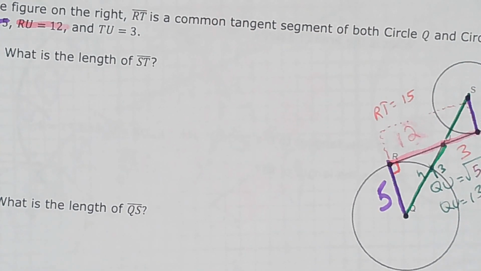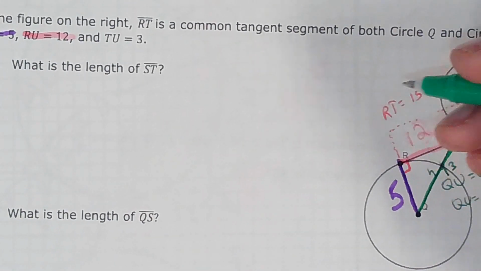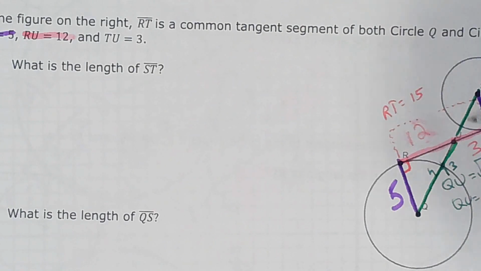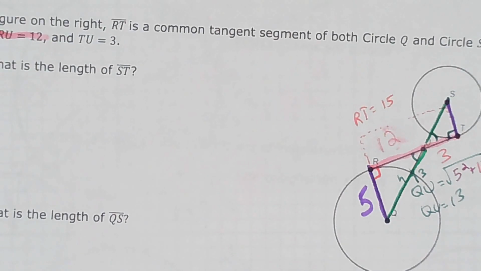All right, so now this is where most people get stumped. Like, I don't know what to do. But if you notice, I have 2 vertical angles. So that's an angle there, and I have an angle here, and that's an angle there.